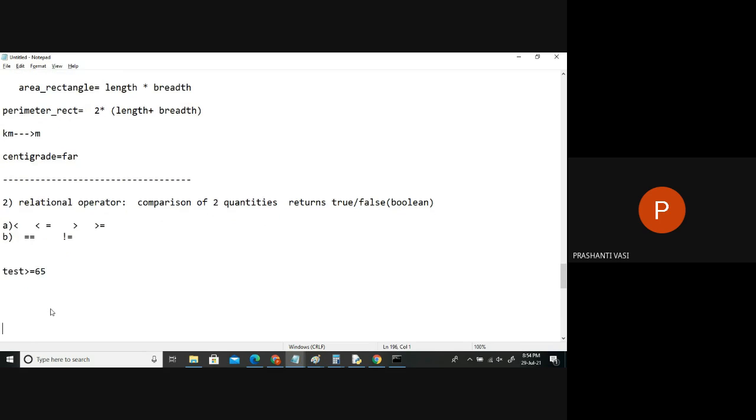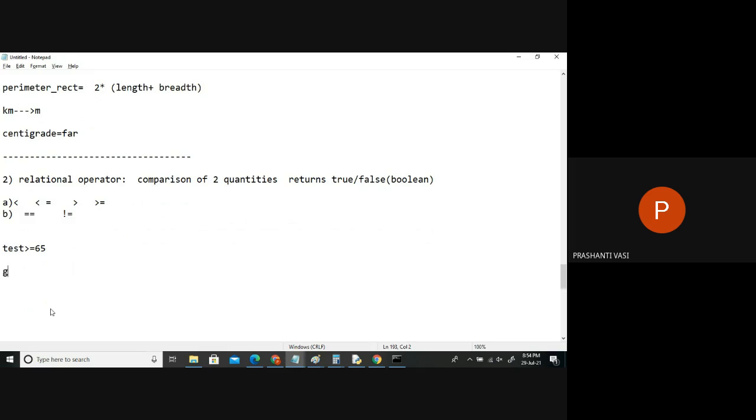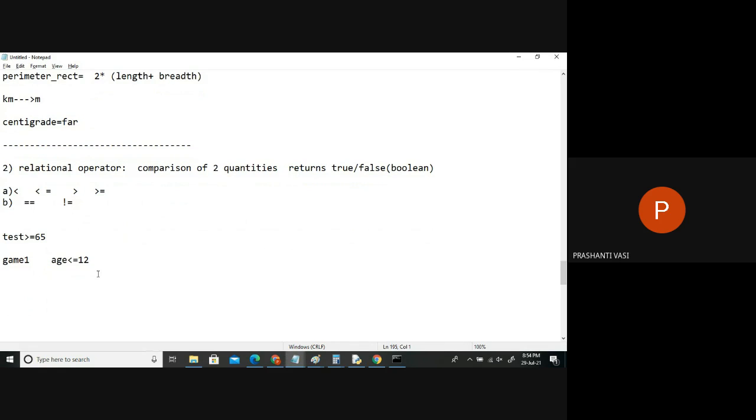Similarly, for some games, they are looking for people whose age is less than or equal to 12. So only those people whose age is less than 12 are applicable for this game. They would set some criteria. For some company drive, they are selecting only the CSE students.